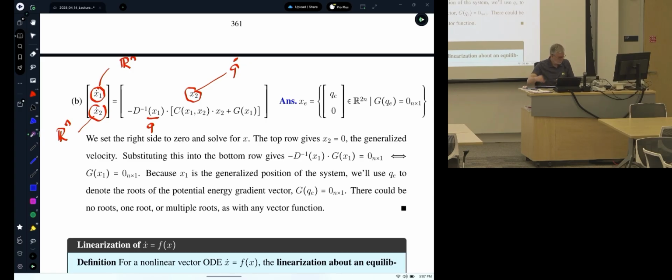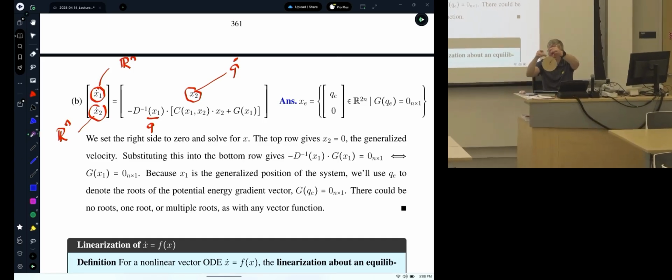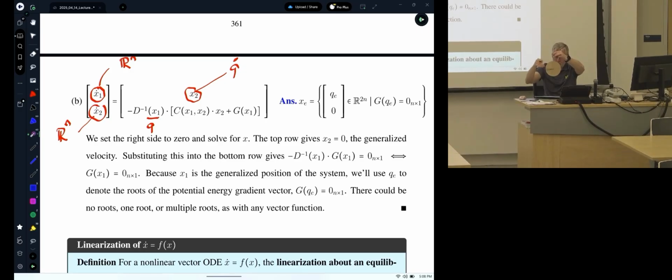For the segue, you would have a couple of equilibrium points. The base can be up, or it could be in a crashed position. Here's another equilibrium. Now, it's a little bit strange in that because the wheel is symmetric, the wheel can be at any position and we still have an equilibrium.